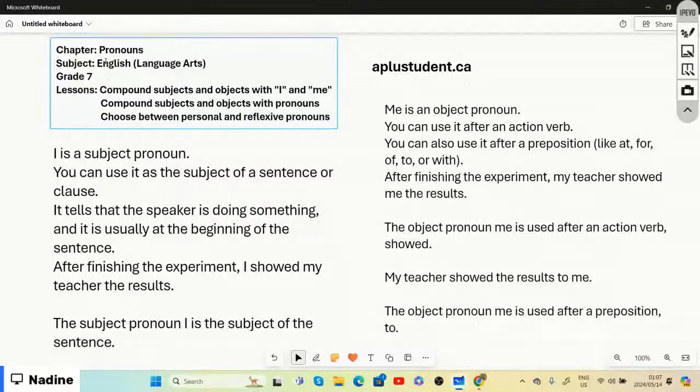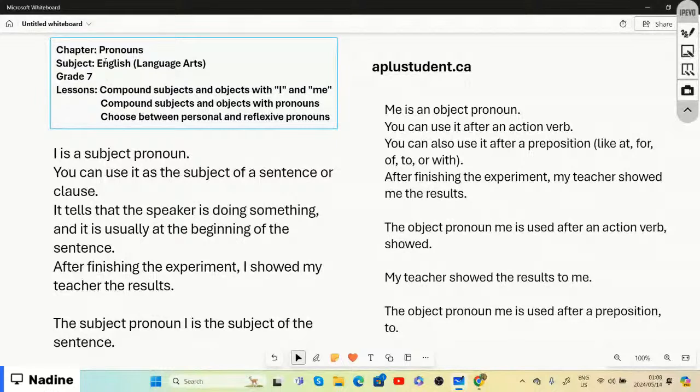For example, I am going to the shop. It shows who the subject is of that sentence or clause.